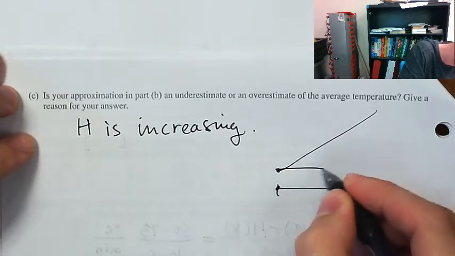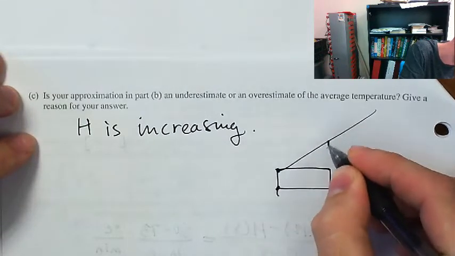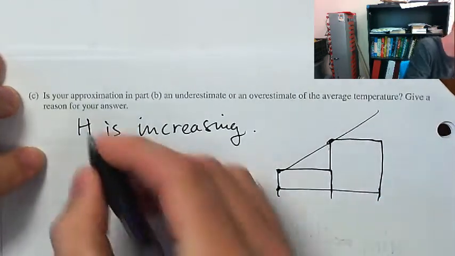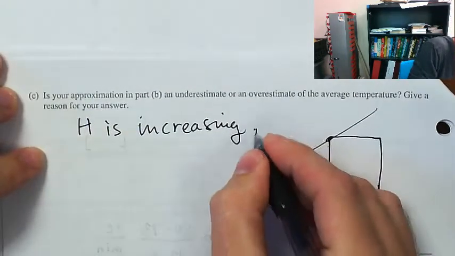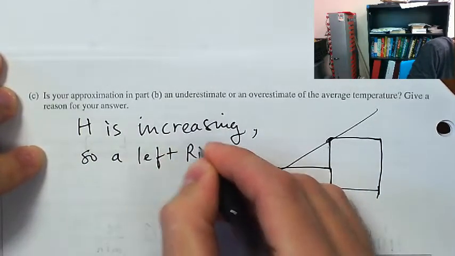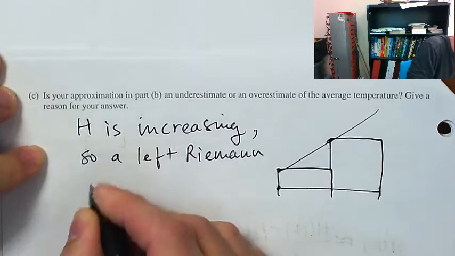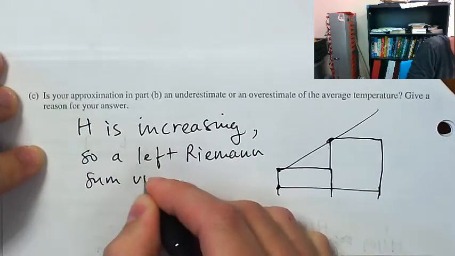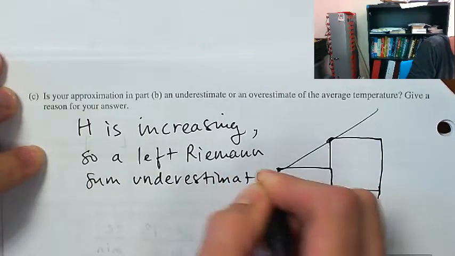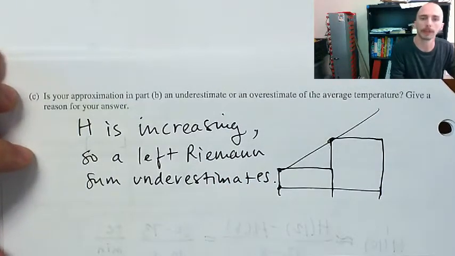So that's my height, and it's going to be an underestimate. Okay, that's my left side, that's my height. Okay, it's an underestimate. H is increasing, so a left Riemann sum underestimates.